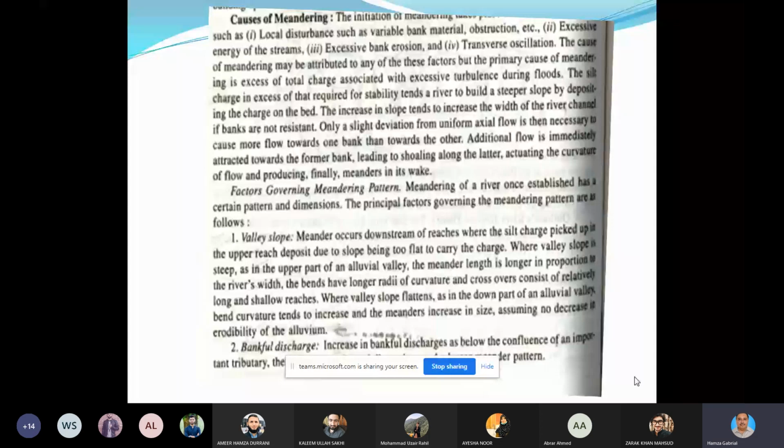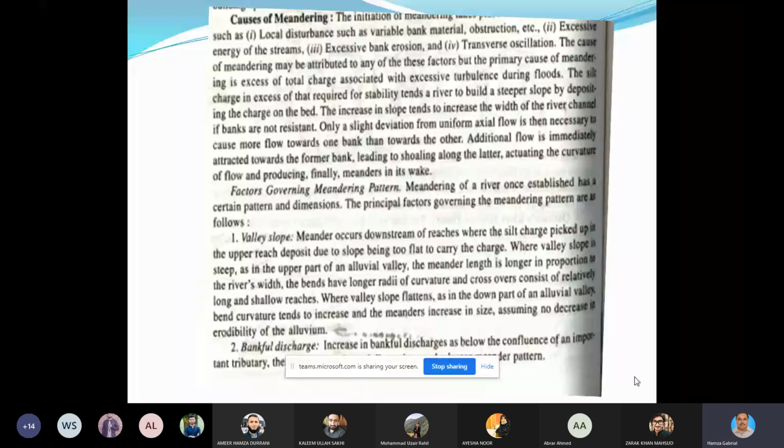So the main causes can be attributed to any of these factors which we have discussed, but the main or the primary cause, you can say, is the excess of total sediment charge, which is associated with excessive turbulence during floods.